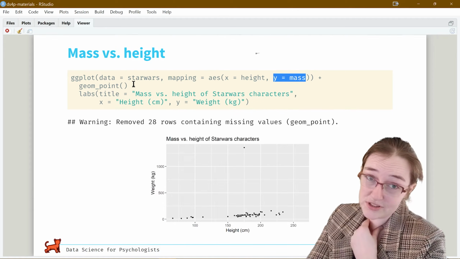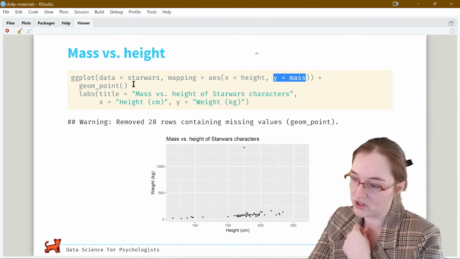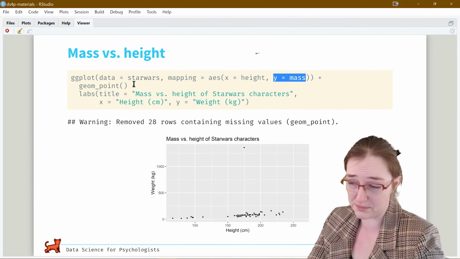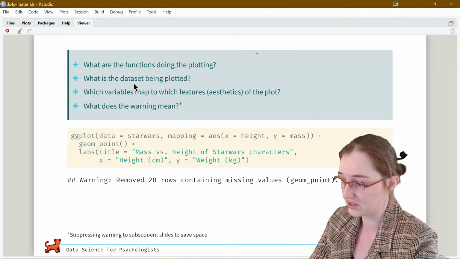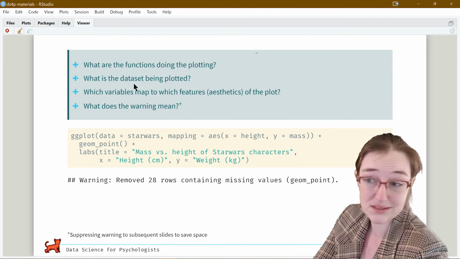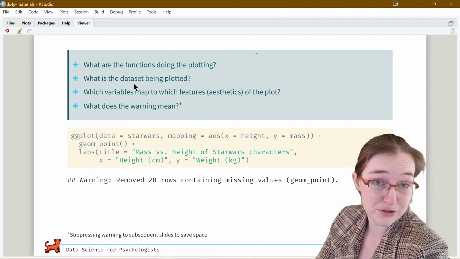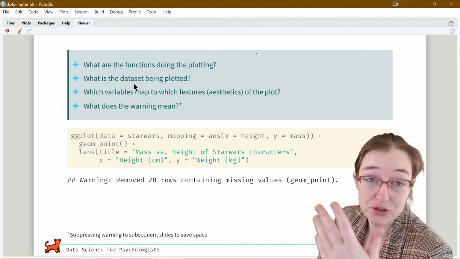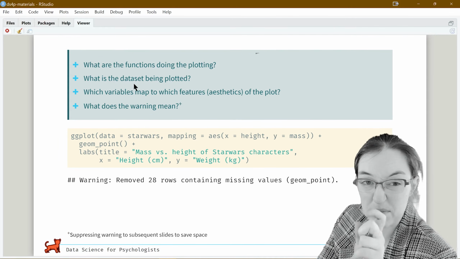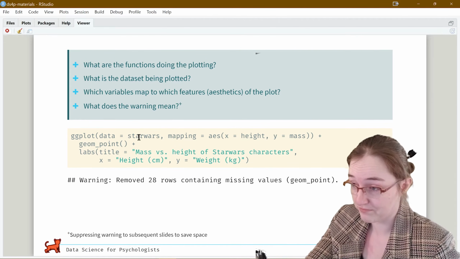Now, when you do this, you're going to get this annoying error code over and over again, where it removes some rows with missing values. I'm going to suppress this. But each time you look at a function like this, here are the questions you should ask yourself. What are the functions doing in the plot? As I walked you through already. I might zip up to this line. What's the data being plotted? That's the first one.